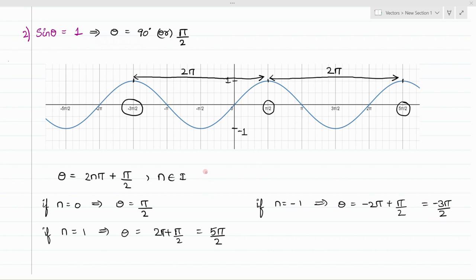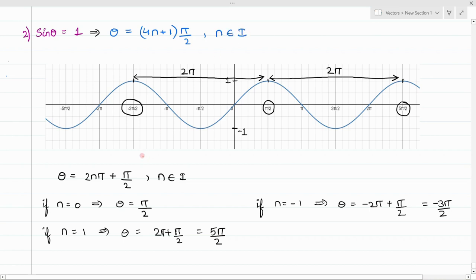If you take the LCM over here, you will get the solution for theta as (4n plus 1) pi by 2, where n is any integer.